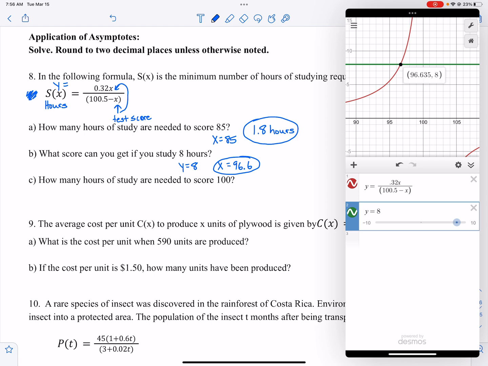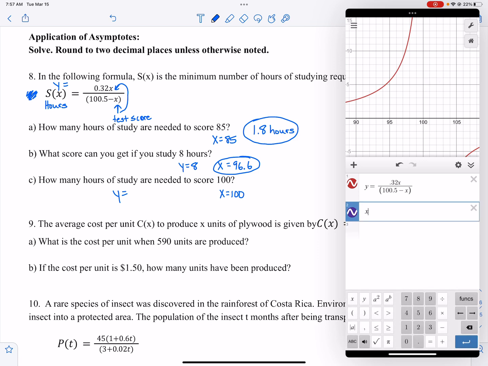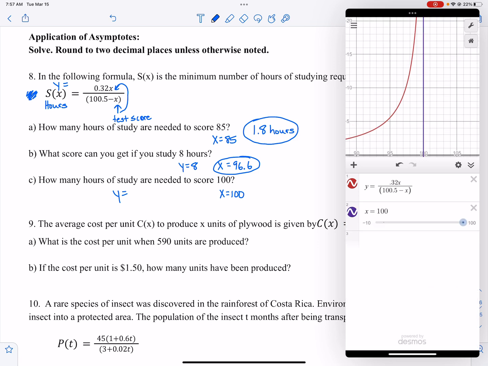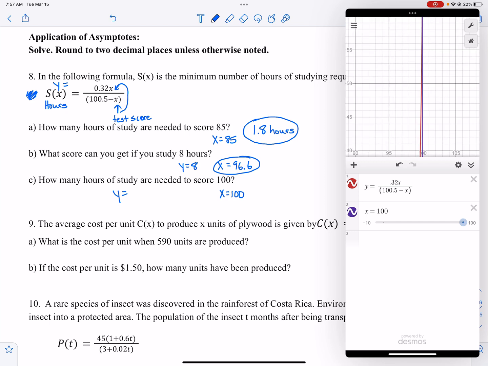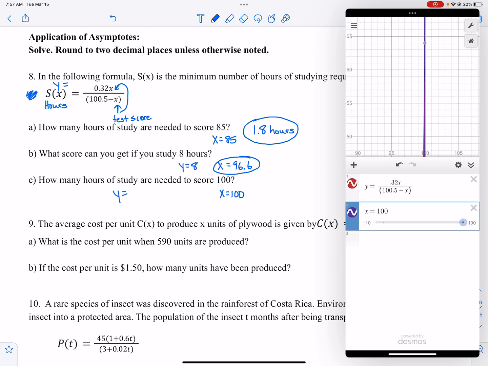All right. And then C says how many hours of study, so that's asking for y, hours of study, are needed to score 100. So they're telling you when x equals 100. So just type that in and find the y. So x equals 100. Let's see, where do they touch? 64 hours, so that sounds like a lot, but that's just based on our formula.